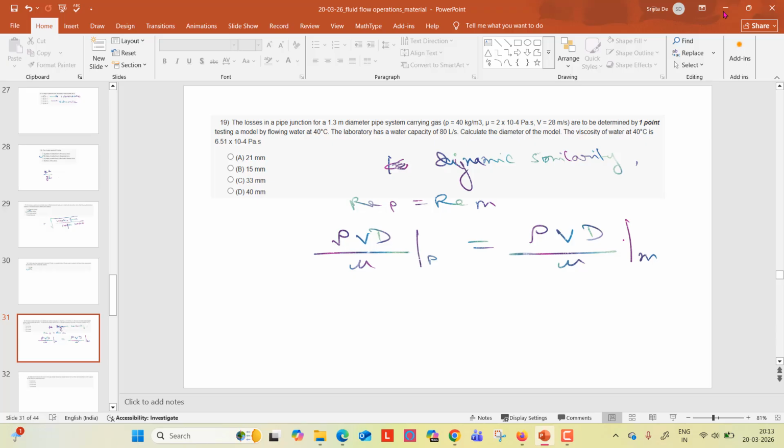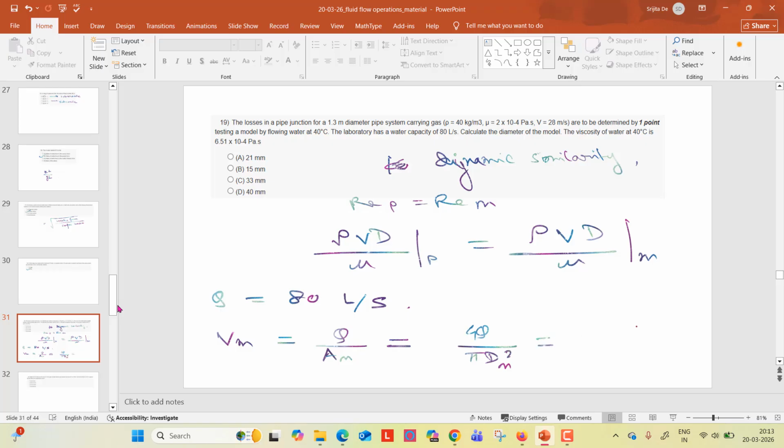So for the actual laboratory case, Q is given as 80 liters per second. For the model case, Vm will be Q by Am, right? And this will be Q by pi dm square by 4.